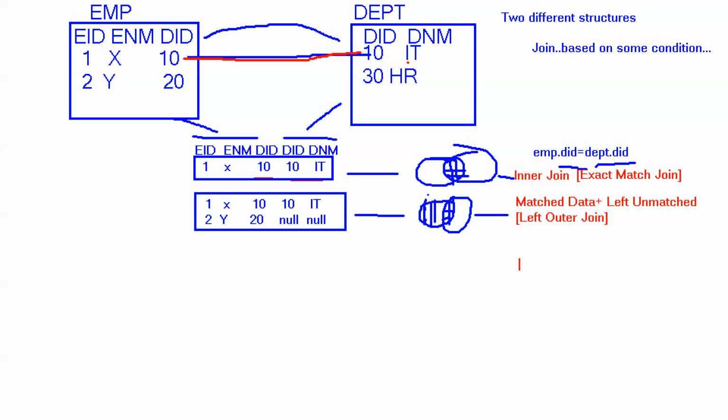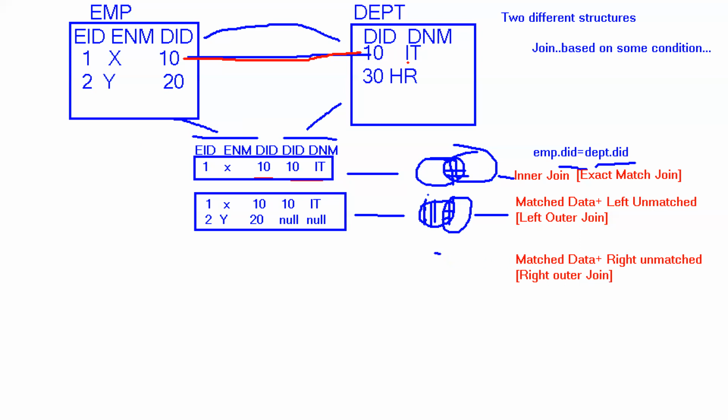Now the next topic: matched data plus right unmatched. When you learn SQL, your trainers might explain it in a very complex way, but I'm making it very simple with my experience and knowledge. You will realize it when you attend the joins concept with your trainers. So matched data plus right unmatched, as I'm saying, right outer join.